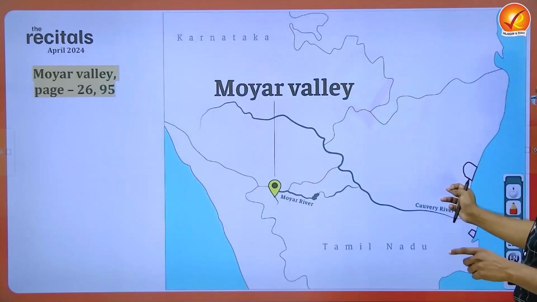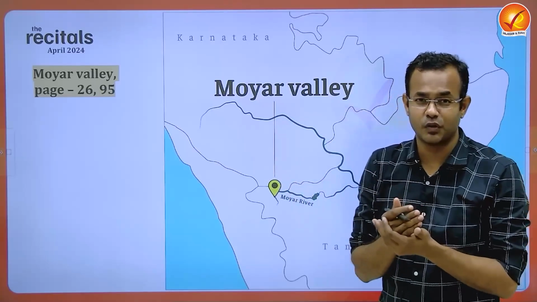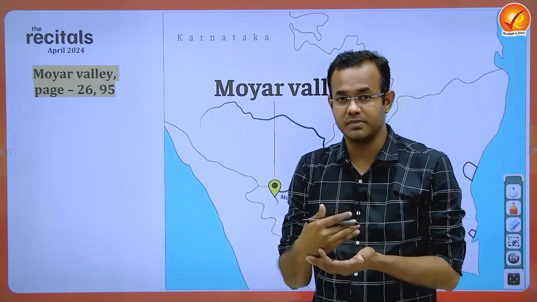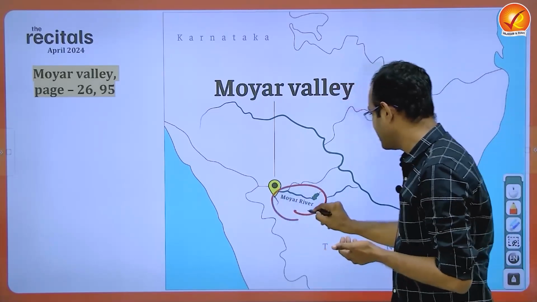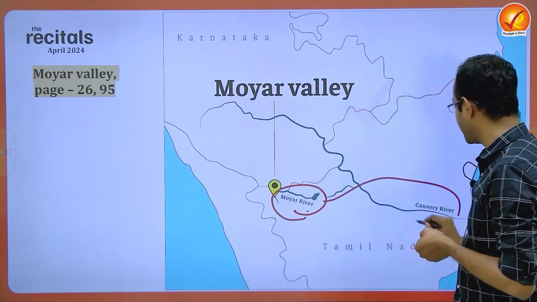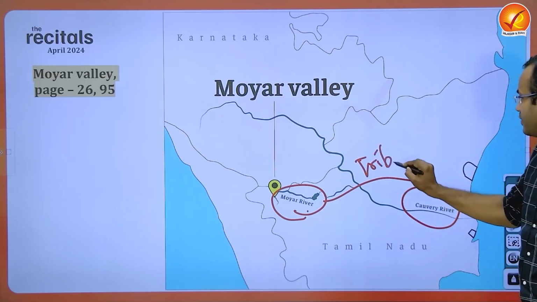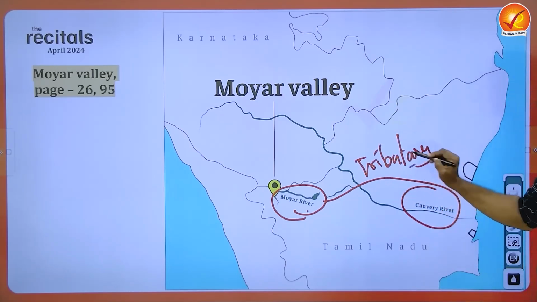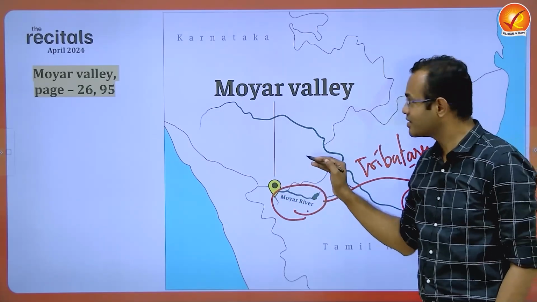Moving further. Next one, Moyar Valley, which was in Recitals April 2024, page 26 and also page 25. The Moyar is a river first. Moyar is a river which is a tributary of Kaveri, and the valley it flows through is called Moyar Valley.